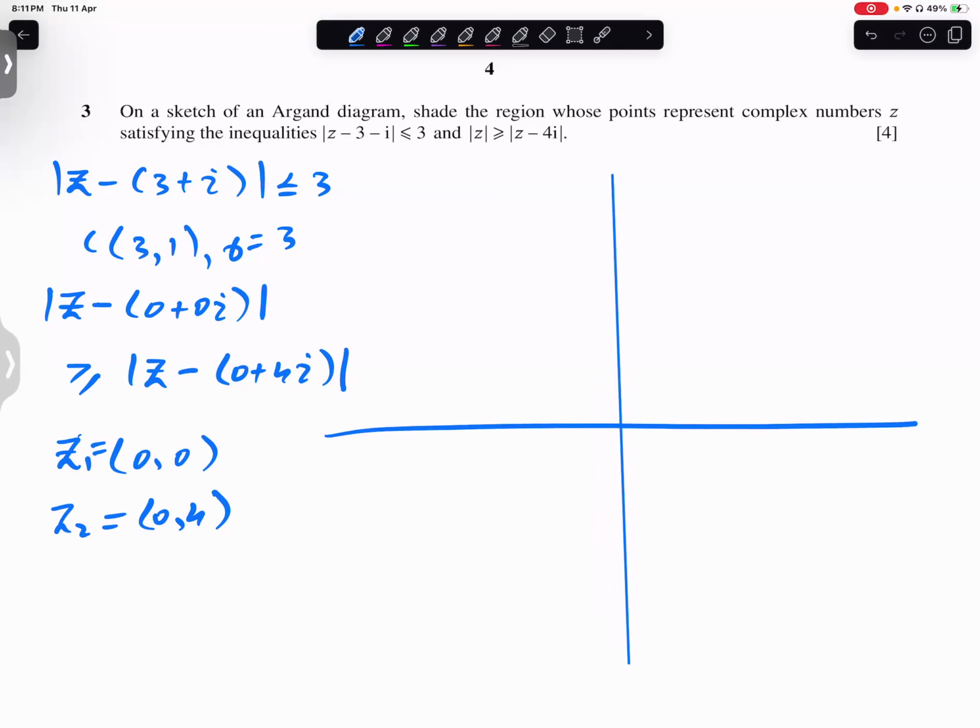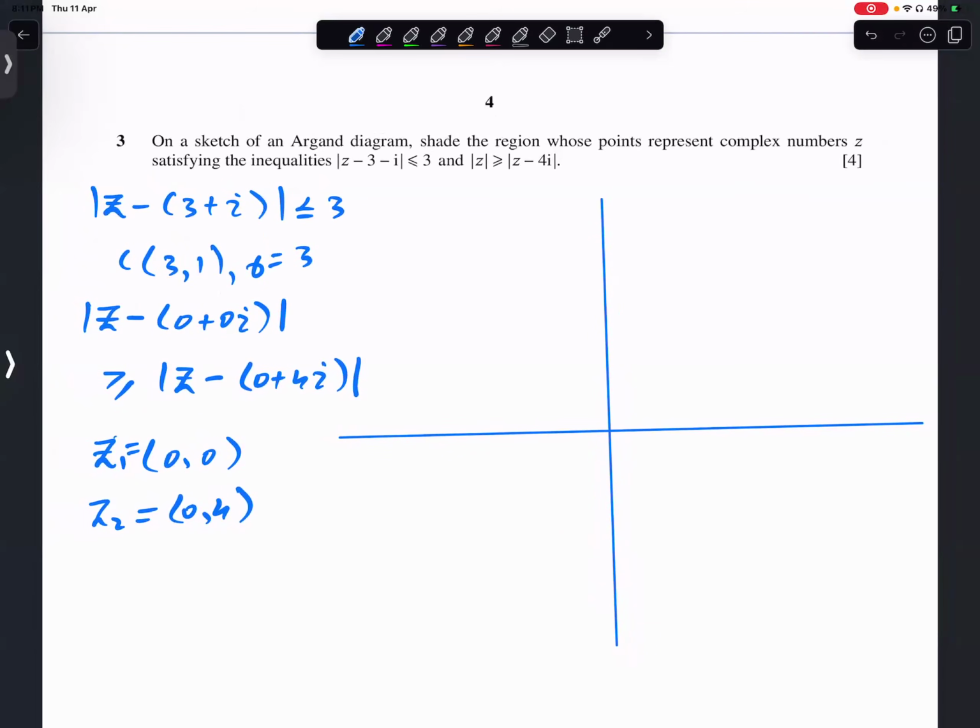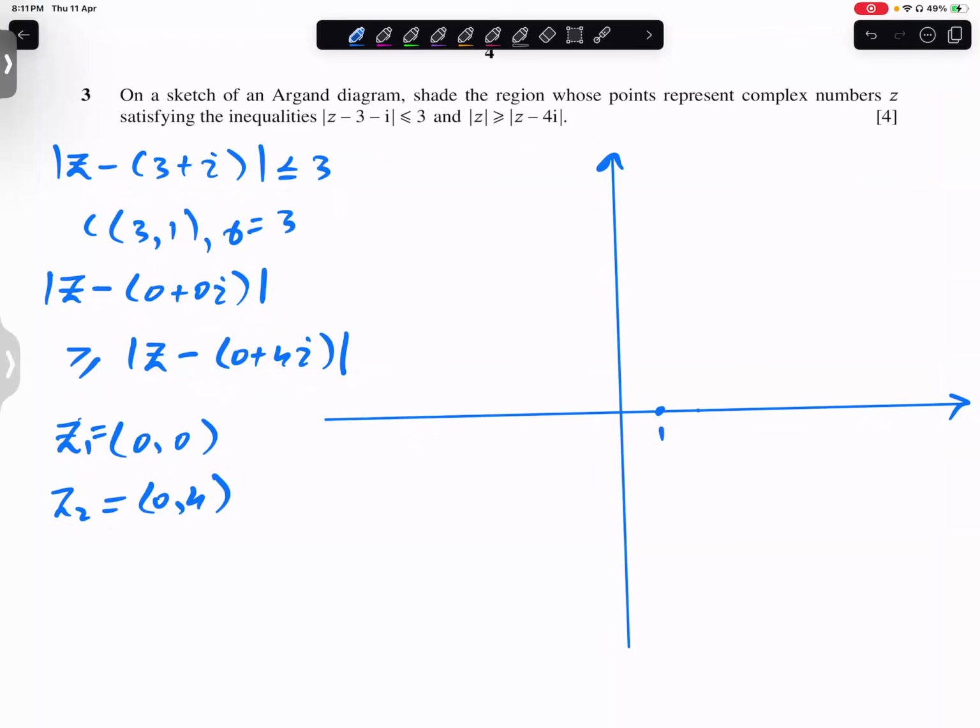Now draw the x-axis, y-axis plane. Then 1, 2, 3, 4, 5. This is real part of z.